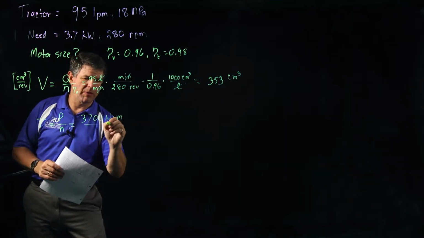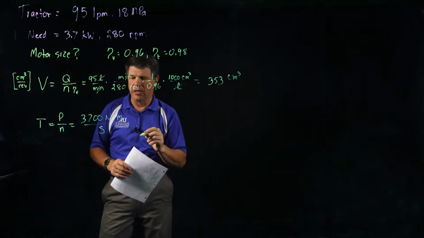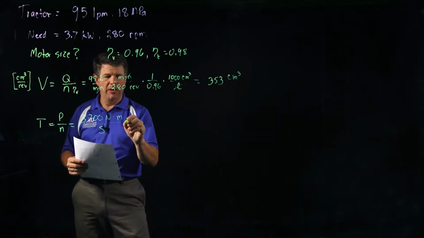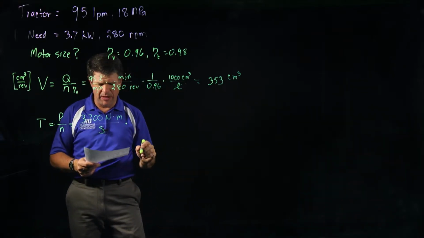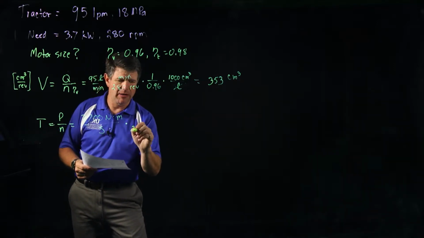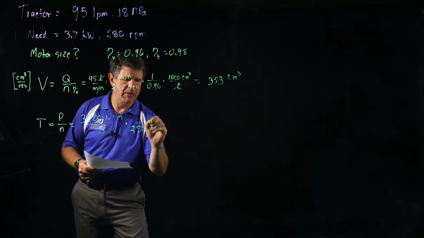A watt is a newton meter per second, so 3.7 kilowatts is 3,700 newton meters per second. That's my power there. My speed in the denominator is, what did I say up here, 280 revolutions per minute.